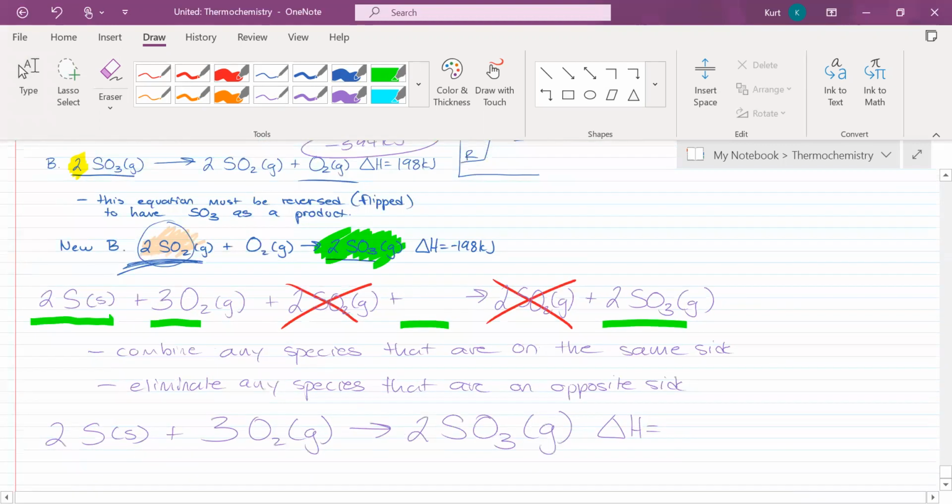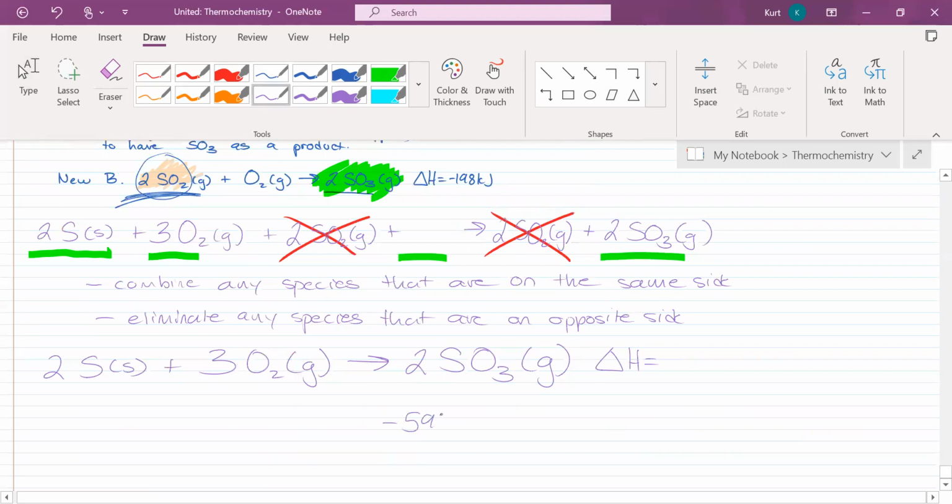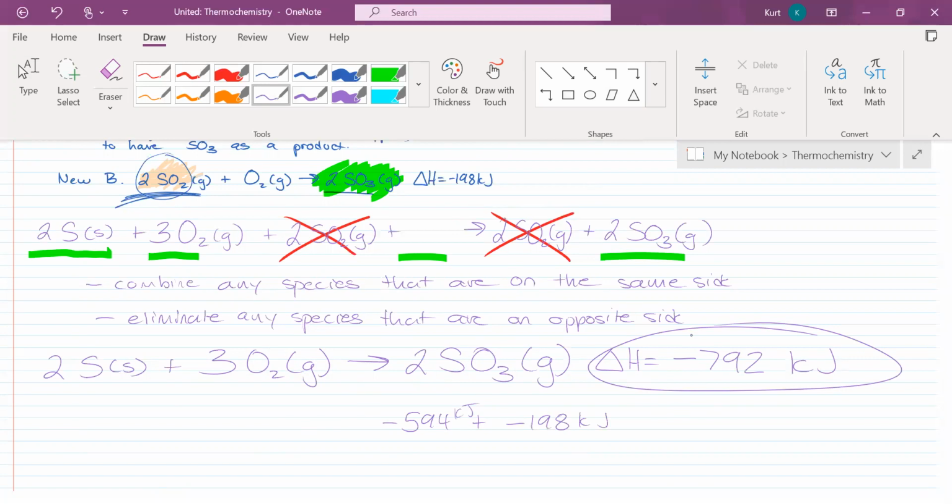All right, so we have negative 594 plus negative 198. That should equal negative 792 kilojoules. We now have our mystery kilojoule total. And that is using Hess's law.